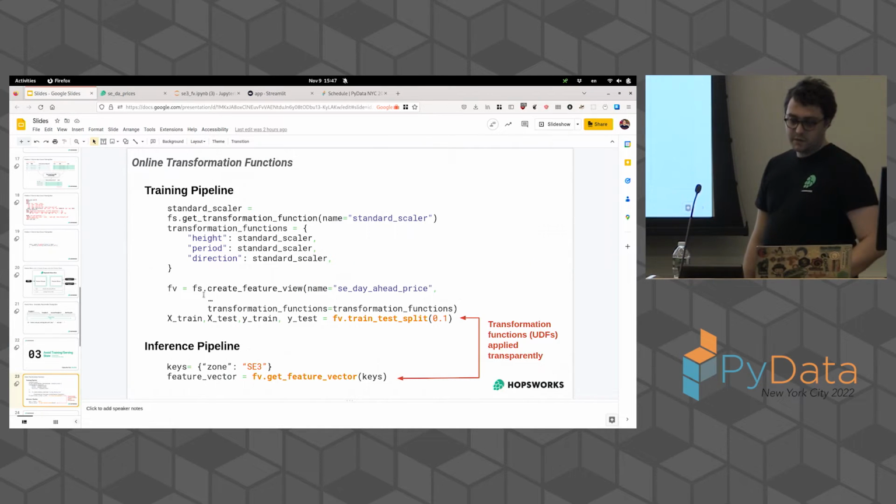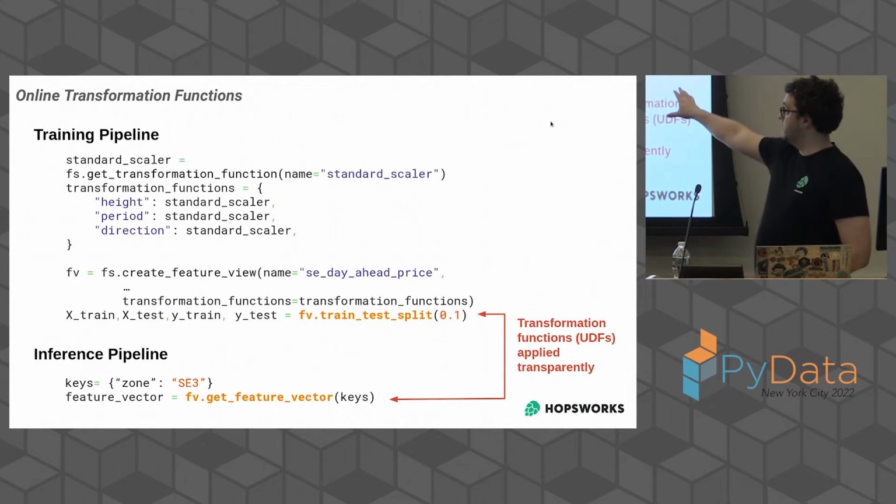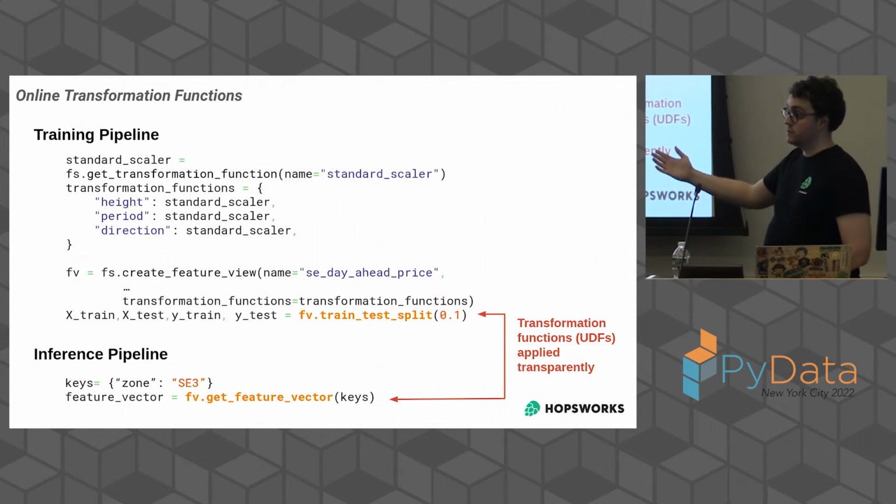The way we solve this problem in Hopsworks is by taking care of transformation functions. When I register a feature view, I assign some transformation functions, and some of them come out of the box, like min-max scaler, standard scaler, label encoder. But if you have your own, you can put your own there as well.